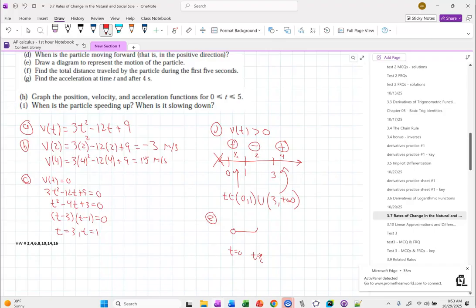And then we turn back, and then we're going to t equals 2, and then we turn again at like t equals 3. Something like that. Because the particle is just moving back and forth on the x-axis.